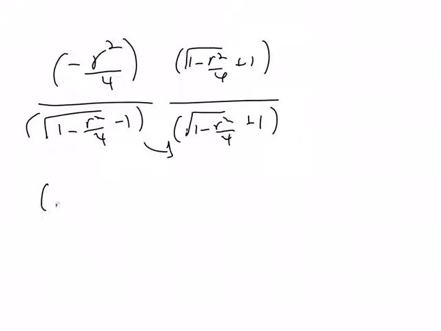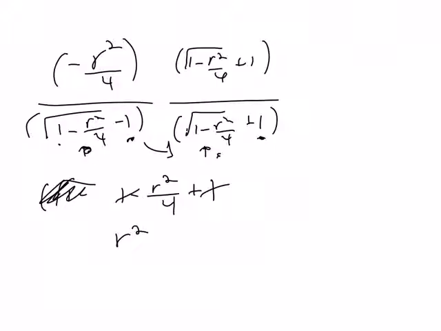It's going to be 1 minus r squared over 4, because this is just going to get squared. When we take this times that, we get a plus, and when we take that times that, we get a minus. They cancel, and then we get a negative 1 over here. So it's 1 minus r squared over 4 minus 1, right? Yes, the 1 and minus 1 cancel, so I get negative r squared over 4 in the numerator.